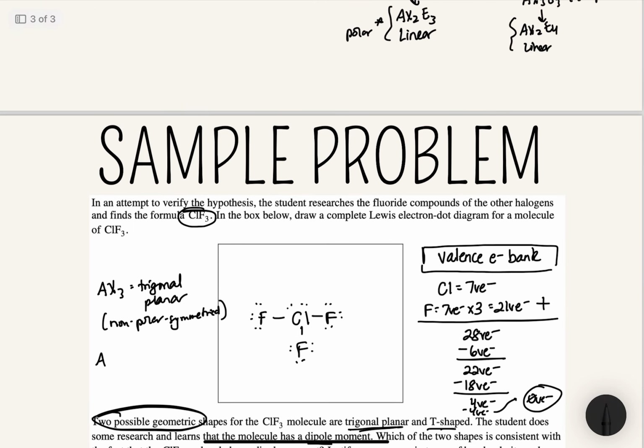So I have AX3E2. This is going to be T-shaped. If you can tell, because there's 3 bonds, that's the AX3. And the E2 represents 2 lone pairs on my central atom. So this one's polar, because, as you can tell, I have an asymmetrical electron distribution.